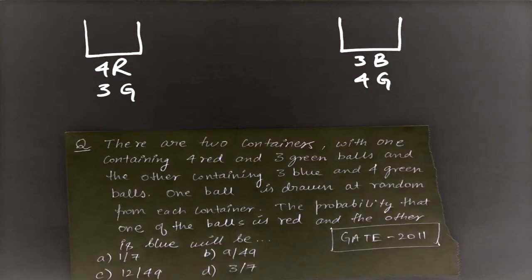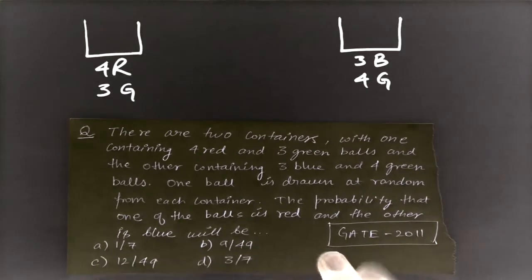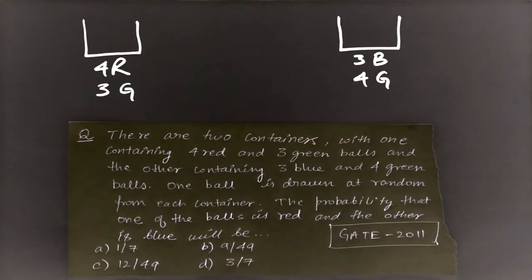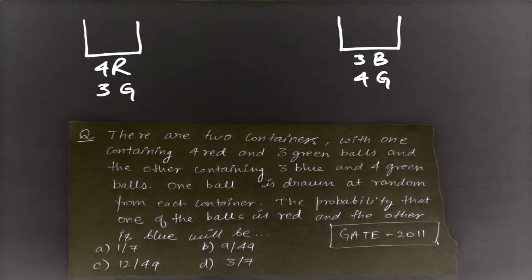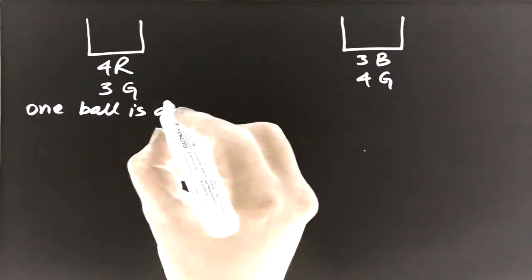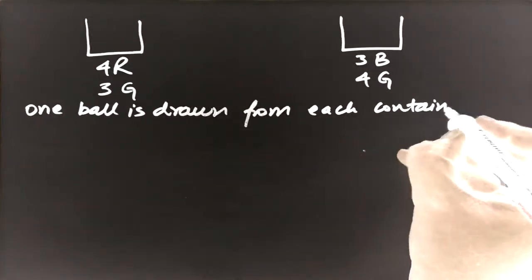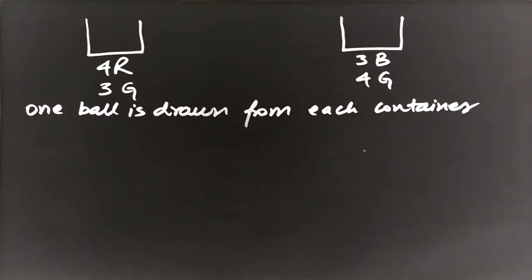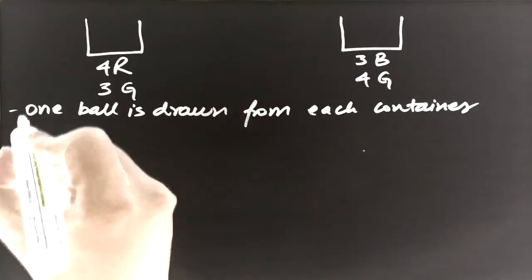One ball is drawn at random from each container. From each container it has been taken out. The probability that one of the balls is red and the other is blue will be. One ball is drawn from each container, that is the first thing.